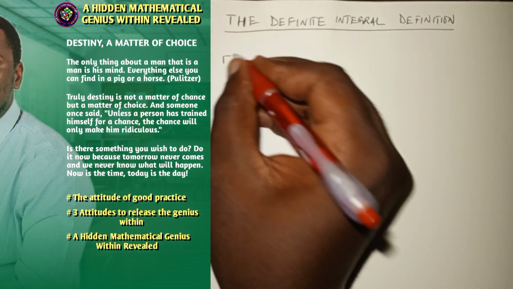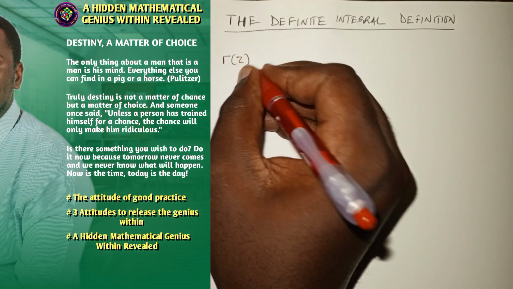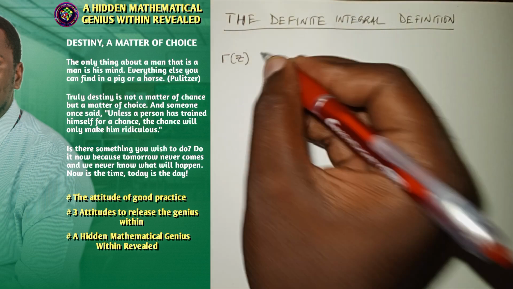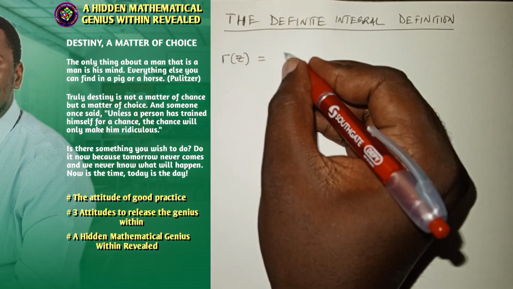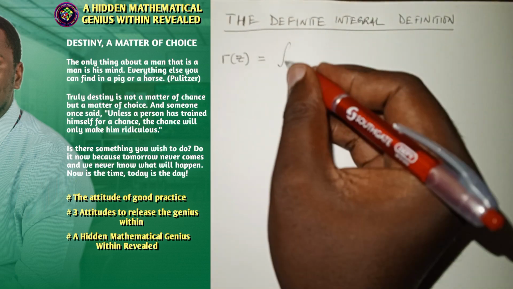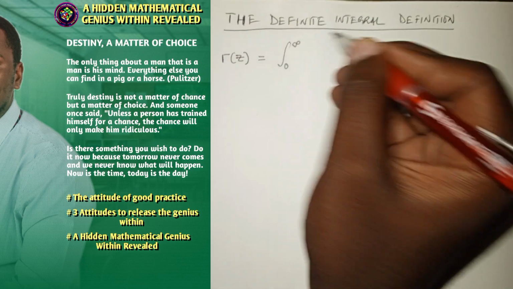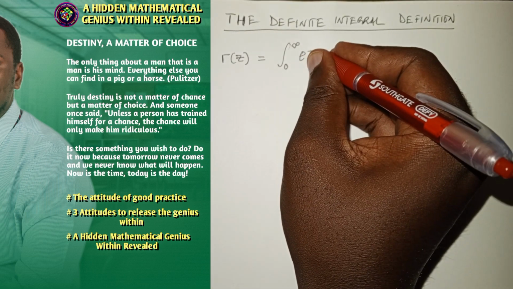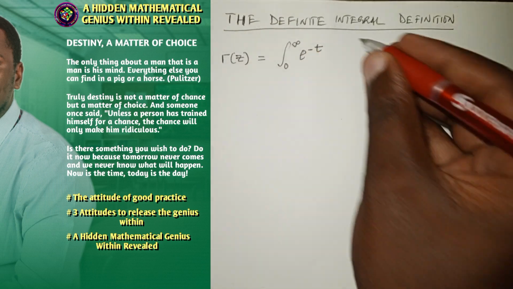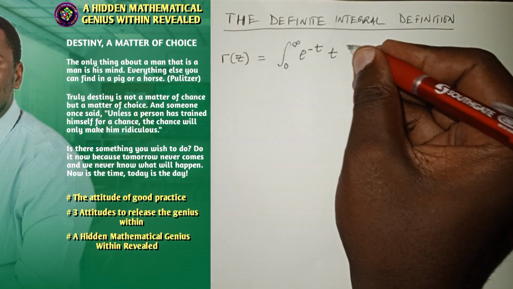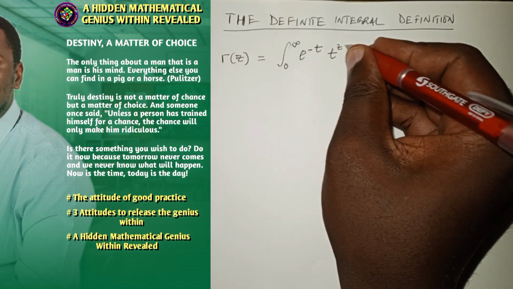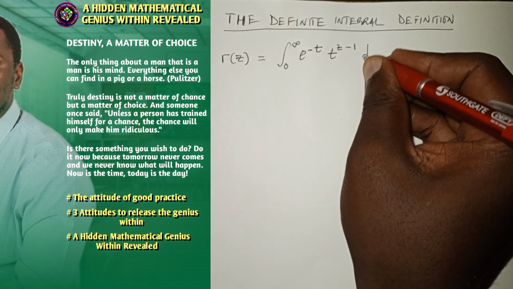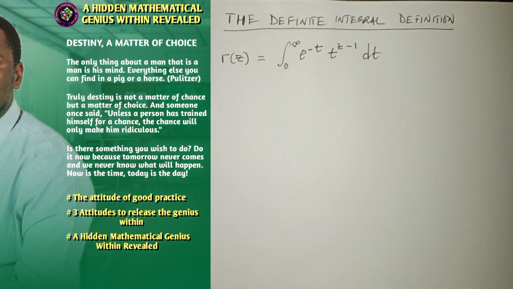So this is the second definition. Gamma of z is equal to the integral from 0 to infinity of e to the minus t, then t to the power z minus 1 dt.